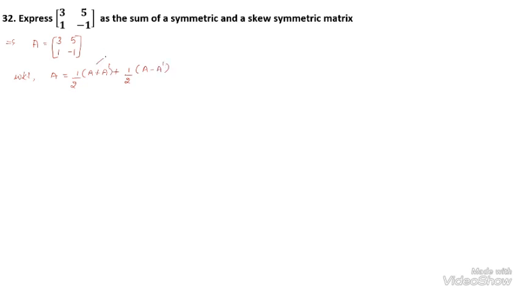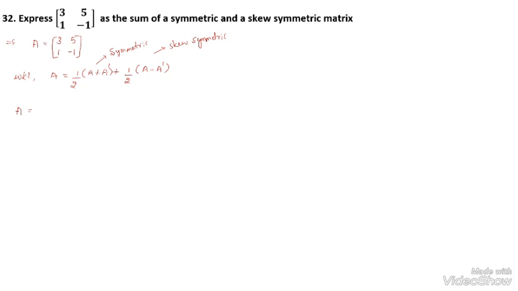This is the symmetric part and this is the skew symmetric part. Now the given matrix can be expressed as the sum of symmetric and skew symmetric matrices.